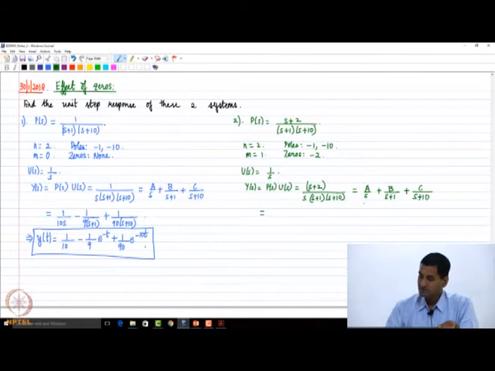So what about A? 1 by 5, right? B? Substitute S equals minus 1. We will have 1 in the numerator, and then minus 1 plus 9 in the denominator, so minus 1 by 9, the same as before. So I will have minus 1 by 9 times S plus 1. And then what about C?